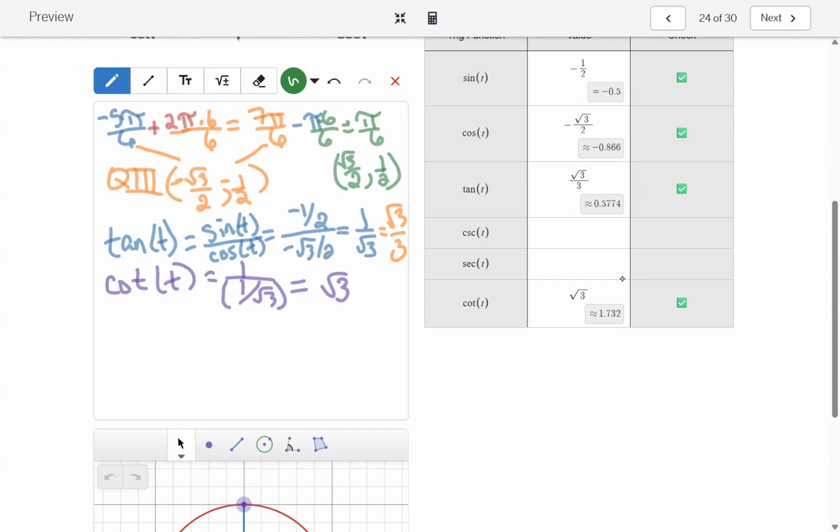Now we just have to remember the difference between cosecant and secant. So secant is 1 over what? Secant and sine?